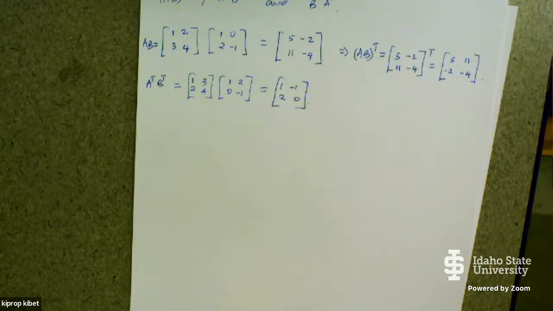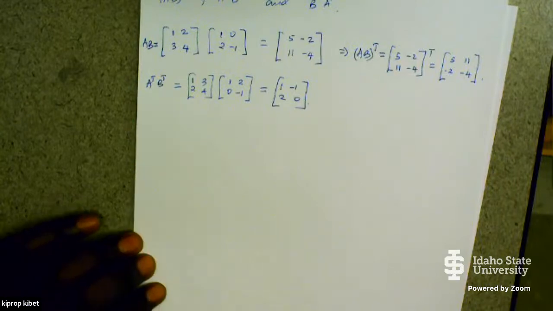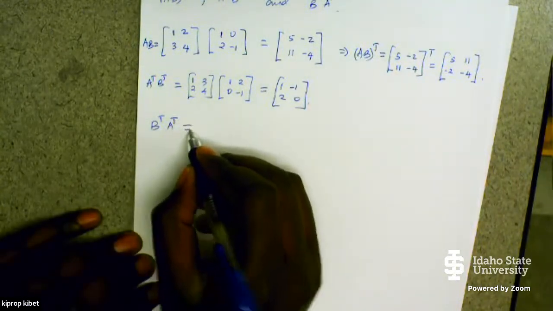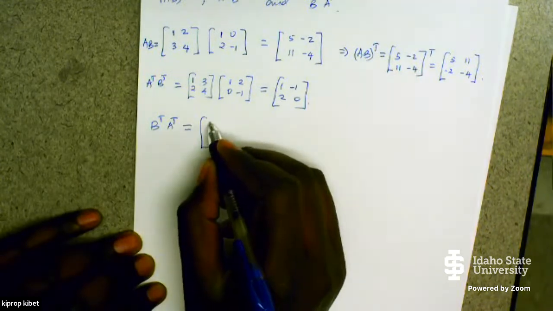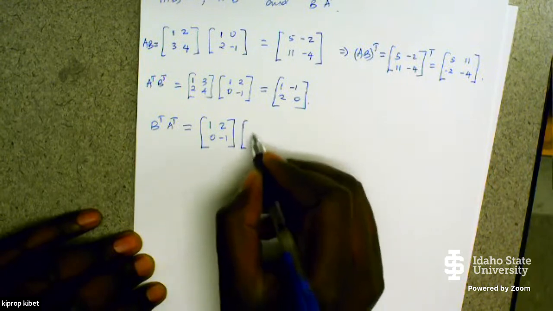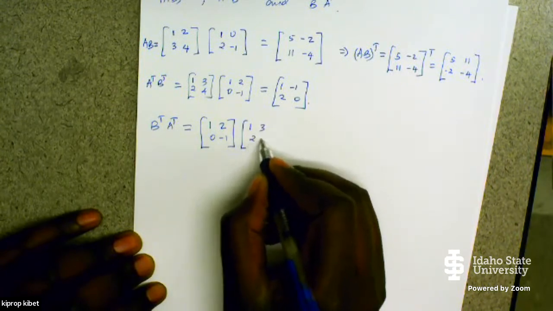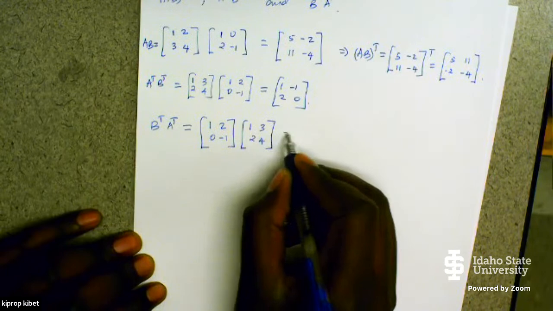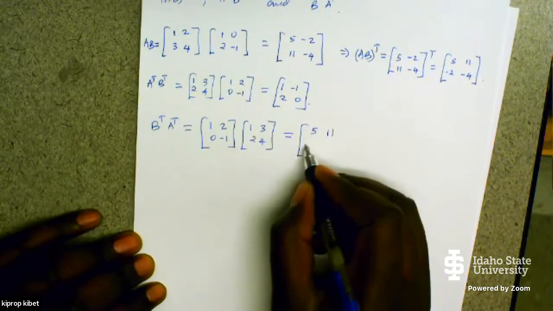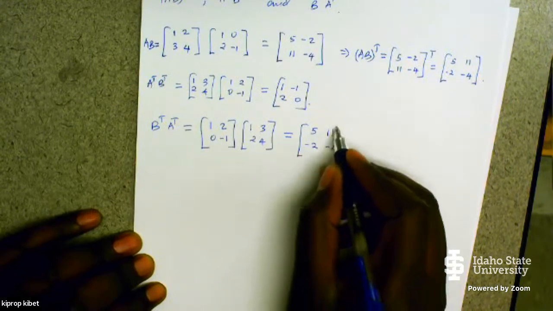Now, what if you multiply B transpose and A transpose, then what do you get? B transpose is [[1, 2], [0, -1]], and then A transpose is [[1, 3], [2, 4]]. Then what you should get here is [[5, 11], [-2, -4]].